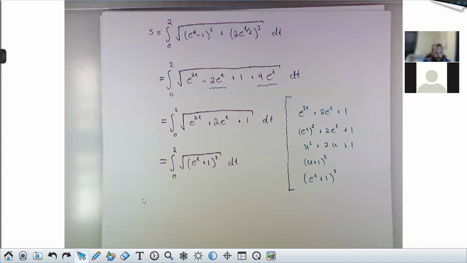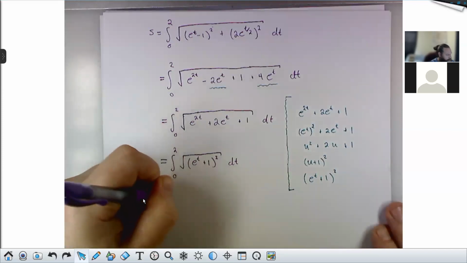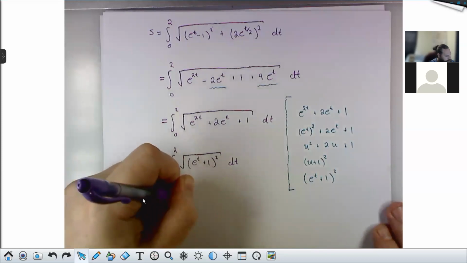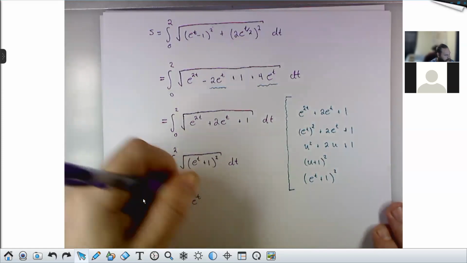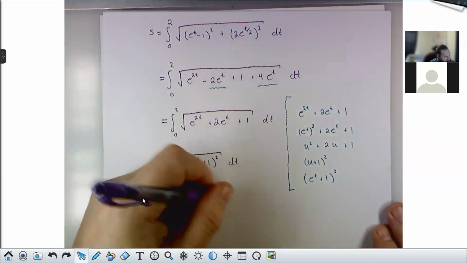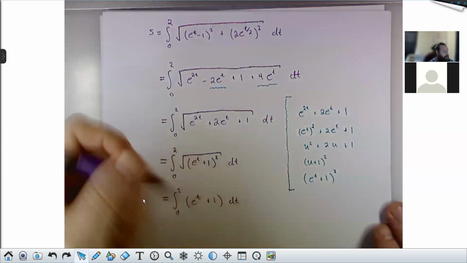That square root is what makes these arc length integrals so challenging. And by factoring the thing under the square root as a perfect square, we are able to get rid of that square root, which will give me the integral from 0 to 2 of just good old-fashioned e to the t plus 1 dt.